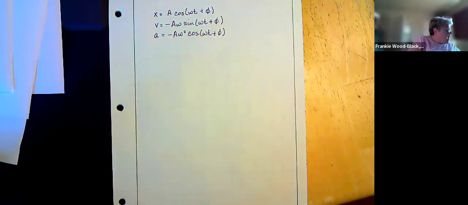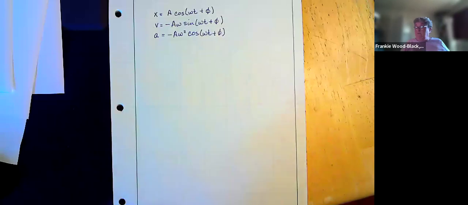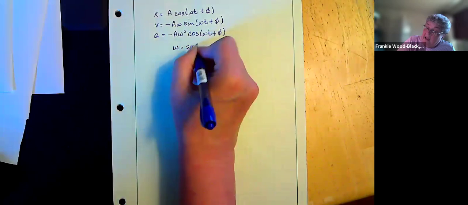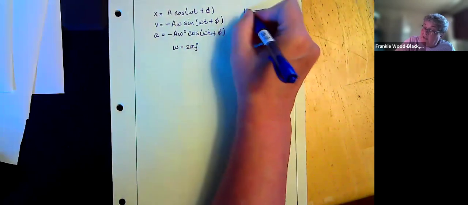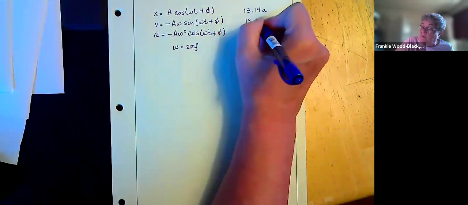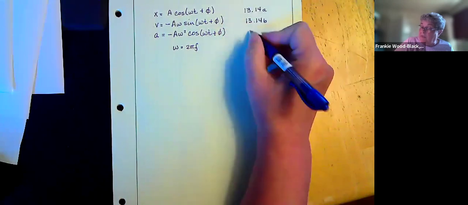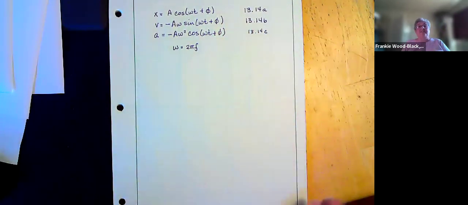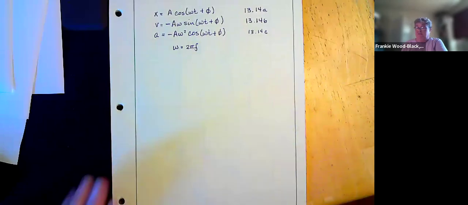So if I want to go ahead and look at those things, I want to be able to go back and forth. Now remember that omega is equal to 2 pi times f, and this will give you equations 13.14a, 13.14b, and 13.14c. So you will actually see these in your text.